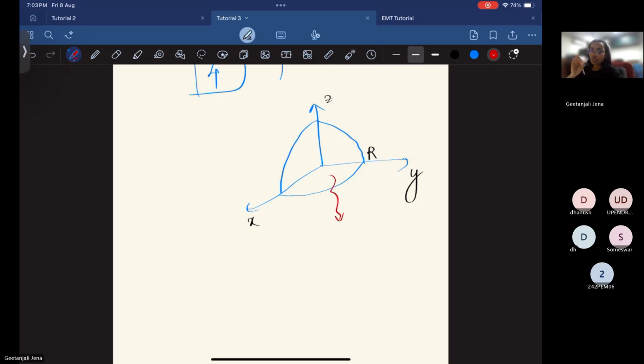One is the curved one. The area of this curved surface is dA1. For this curved surface, the radius will be constant. So the area element will be r square sine theta d theta d phi in the direction r cap, and r is constant here.